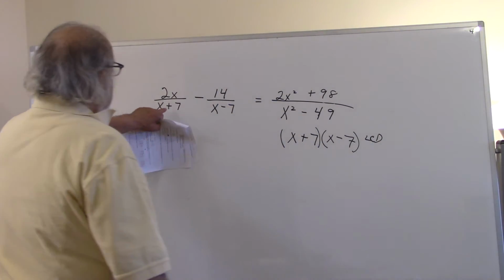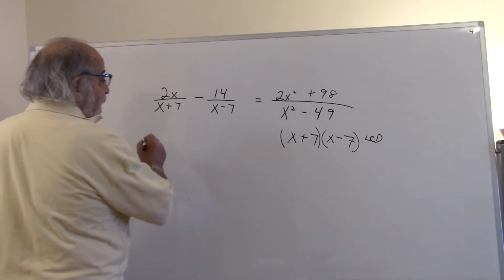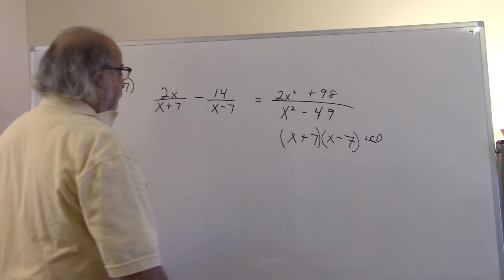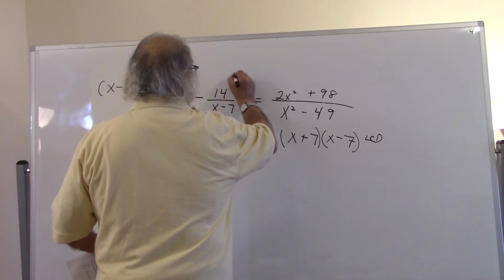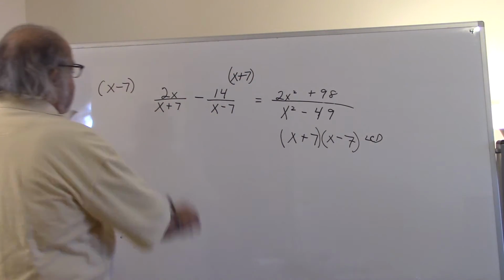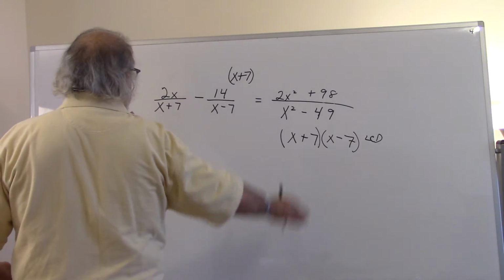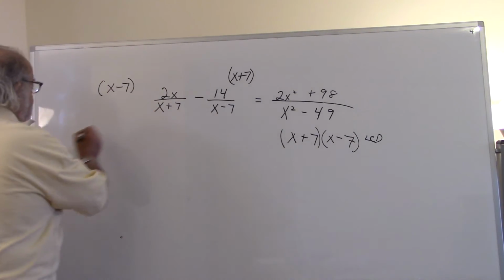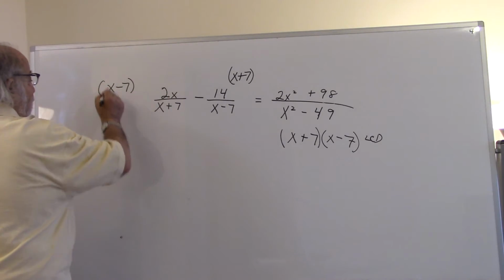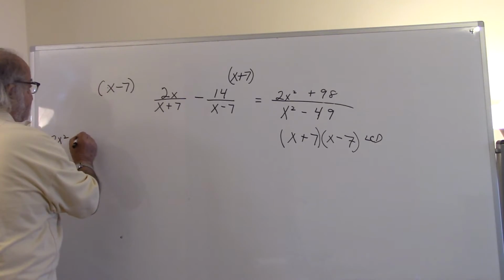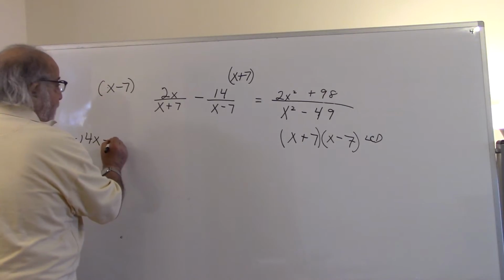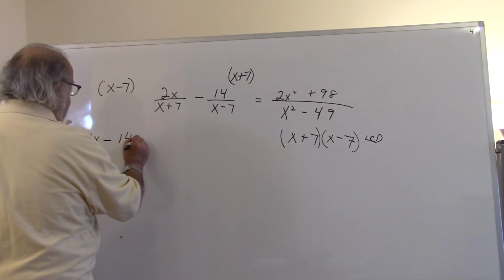So, you have x plus 7, so over here multiply by x minus 7. Here, x plus 7. And that gets rid of your denominators. So that's 2x squared minus 14x minus 14x.